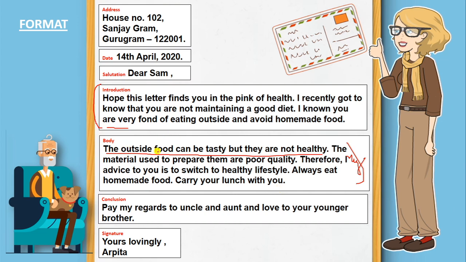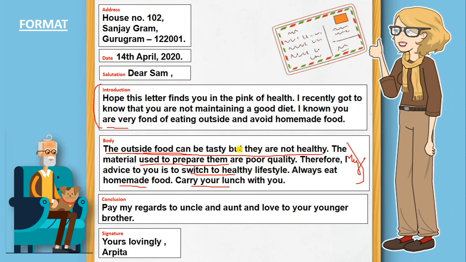In the question it was written that you have to warn him about the harmful effect, and then you have to advise him. So you have warned him, you have told him how they are prepared with poor quality materials, you have talked about the harmful effect, and now you are advising him to switch to a healthy lifestyle, to eat homemade food, and to carry his lunch. So you are following the guidelines given in the question.